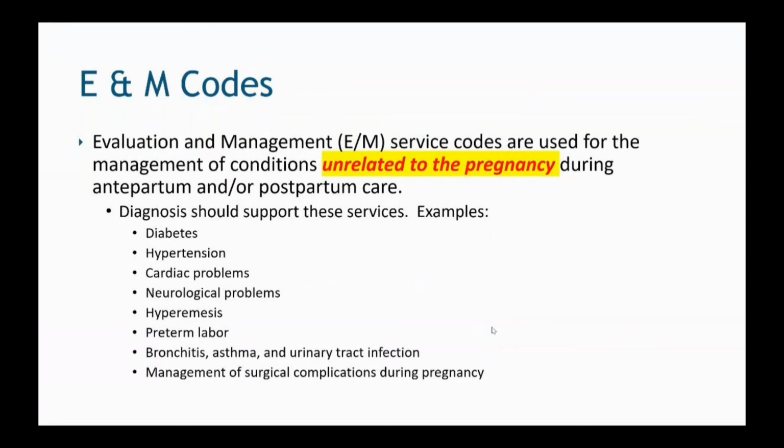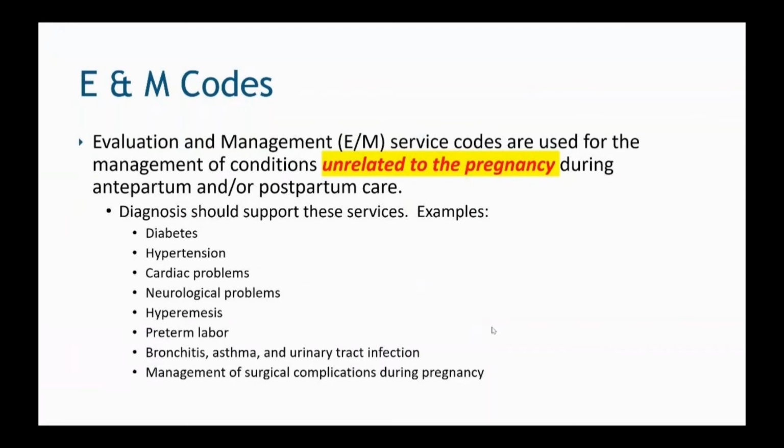Okay, E&M codes, evaluation and management, are used for the management of conditions unrelated to the pregnancy. Now, sometimes what I did here is I put in red font and yellow highlighted things that are really important. Again, E&M codes are only used in a claim for the management of conditions unrelated to the pregnancy during the antepartum and/or the postpartum care.